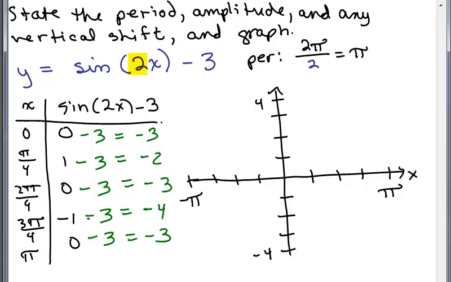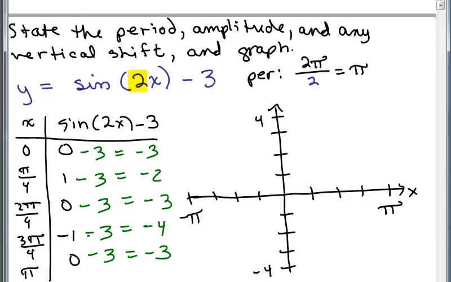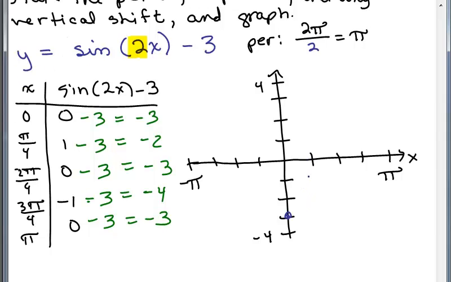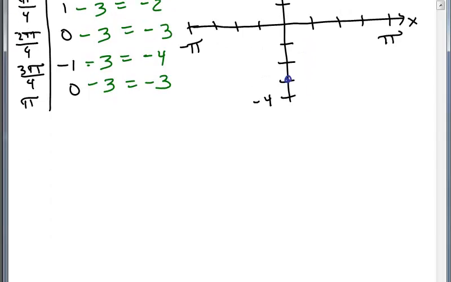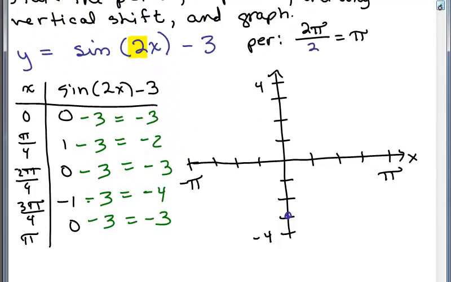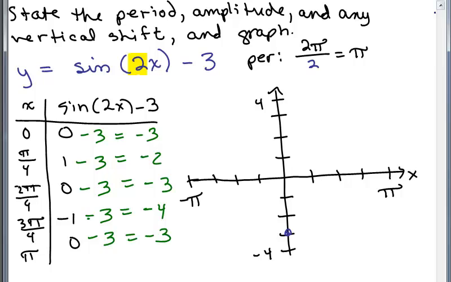So we have 0, negative 3. And we have pi over 4, negative 2.